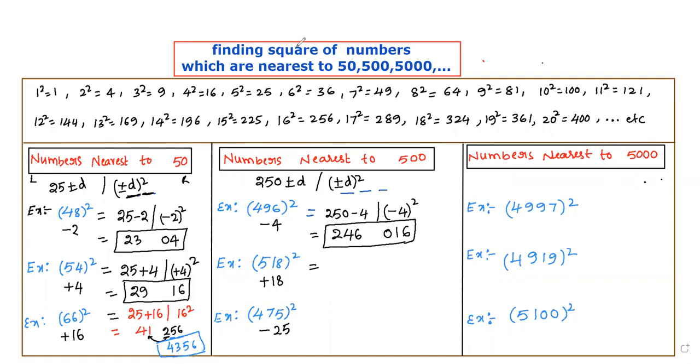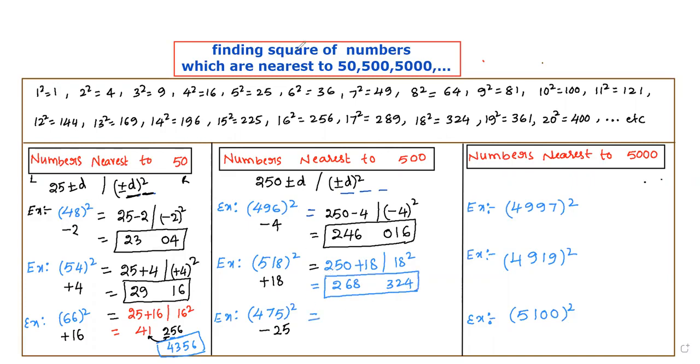Come to the next example. Here a positive deviation is there, so we add it to 250 and find 18 square. If you add 18 to 250, you get 268, and 18 square is 324. Exactly a 3-digit answer came in the right hand part, so this is my final answer.